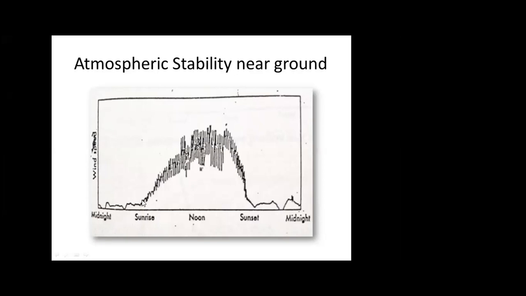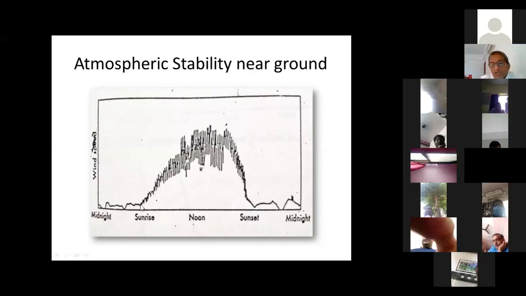And what is the neutral condition? The neutral condition is just before sunrise and after sunrise. It is a very, very short time. And after sunset, before sunset. It is a very, very short time. Neutral conditions happen here. But most of the time, the stable condition happens.